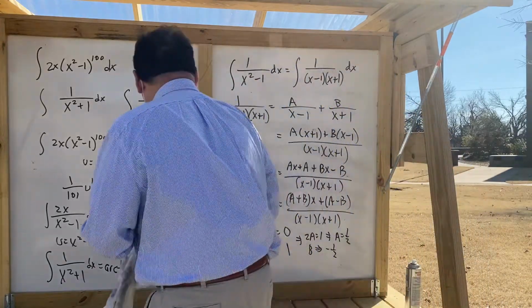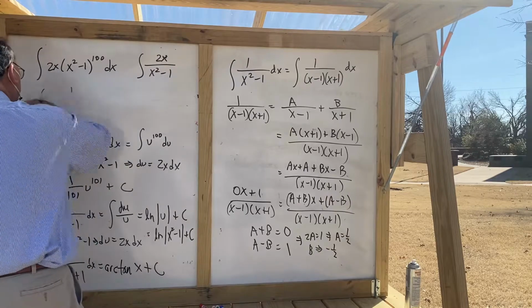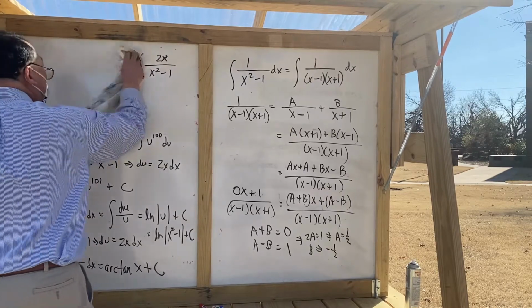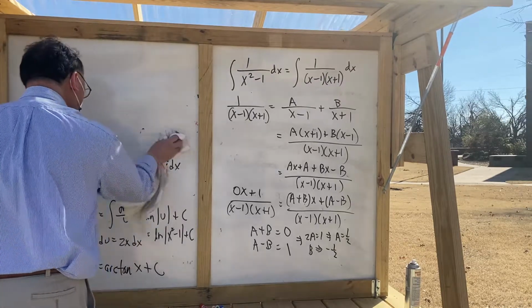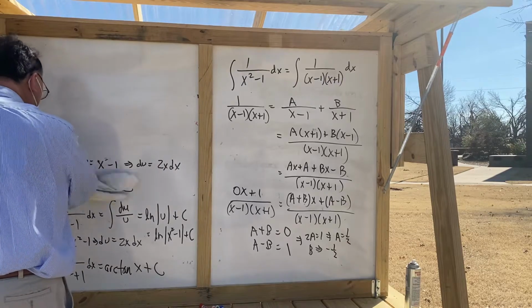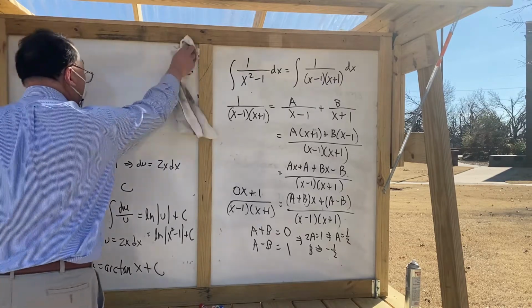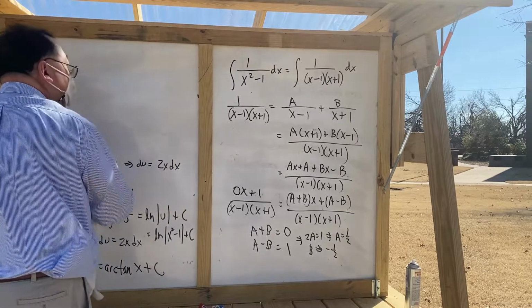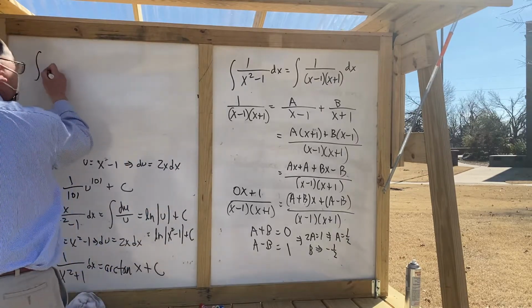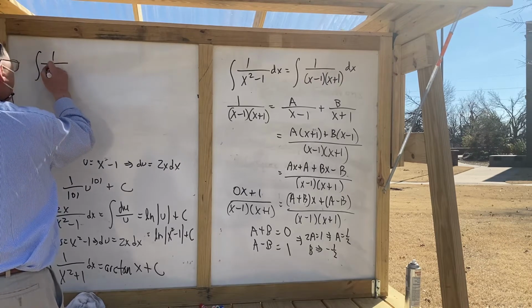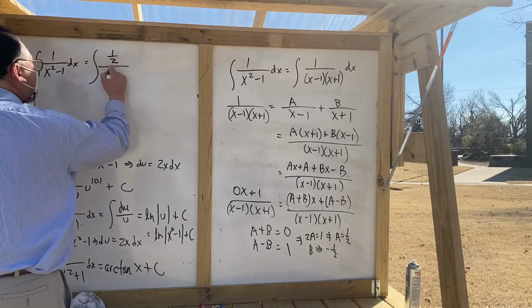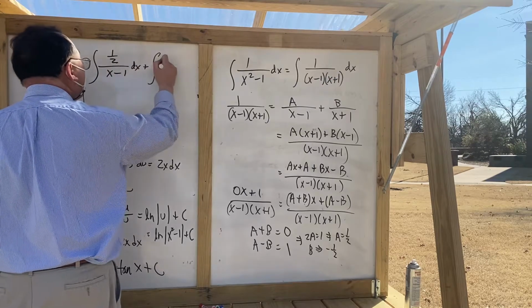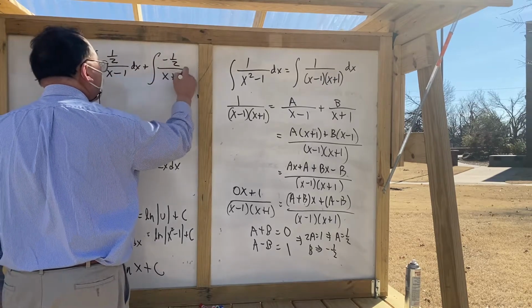Once I know that, the integral of 1 over x squared minus 1 dx is equal to the integral of 1/2 over x minus 1 dx plus the integral of negative 1/2 over x plus 1 dx.